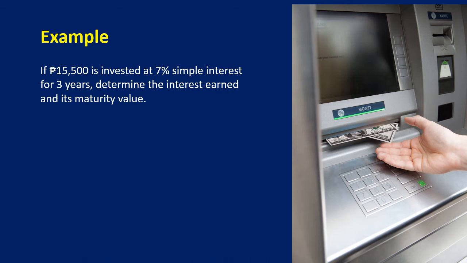This one, if 15,500 is invested at 7%, again, you have simple interest for 3 years. Determine the interest earned and its maturity value. All right. So let's compute the interest. PRT.